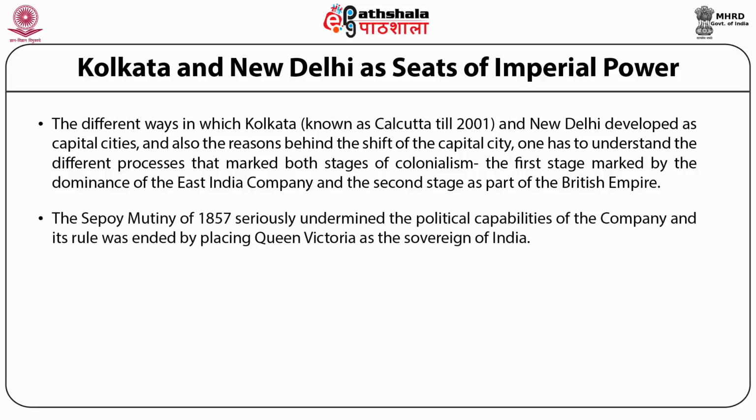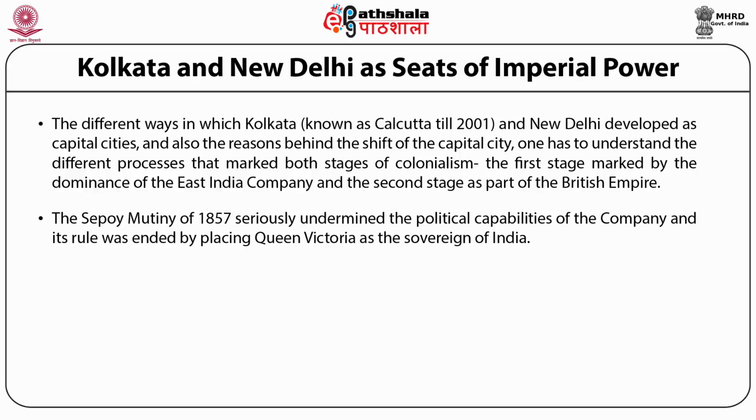The Sepoy Mutiny of 1857 seriously undermined the political capabilities of the company and its rule, which was ended by placing Queen Victoria as the sovereign of India. From this point onward, an imperialist ideology was used as a political symbol of control and rule.